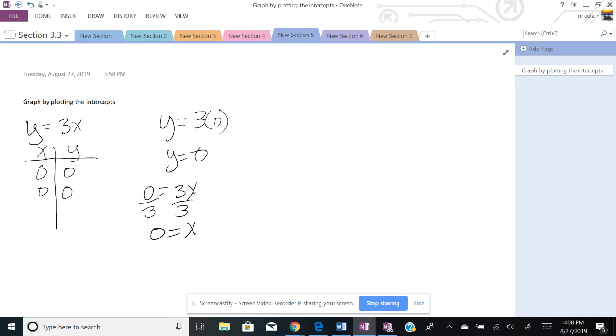If this happens, and it will happen in the homework, you just have to pick a second point. So I'm going to pick 1 for my x. So y is equal to 3 times 1. y is equal to 3.